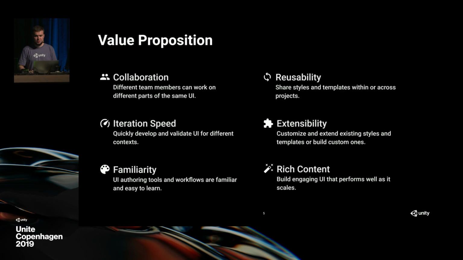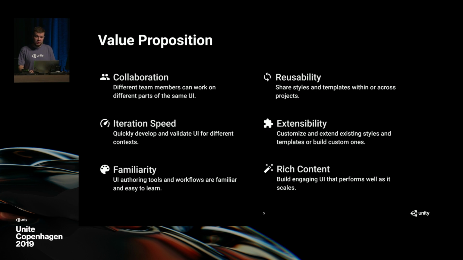So it's good to have some goals when you start building a new API. These were our goals. We wanted to create a framework that was easy to collaborate on, especially between designers and developers. We wanted to make it easy to reuse parts of it elsewhere in your project or in other projects. We wanted to reduce iteration speeds significantly, and make it easy to extend existing controls and widgets to your liking.